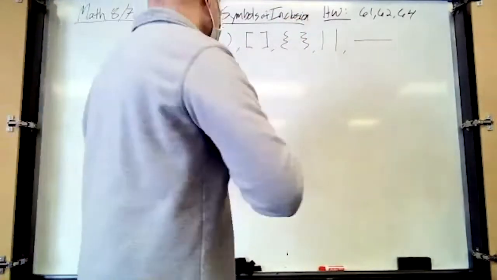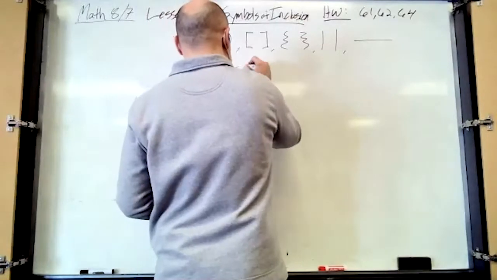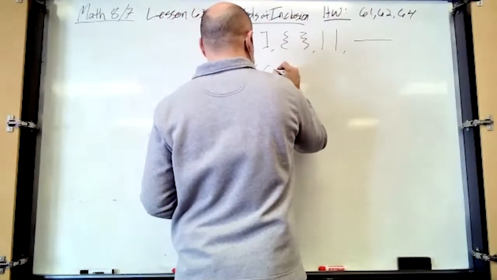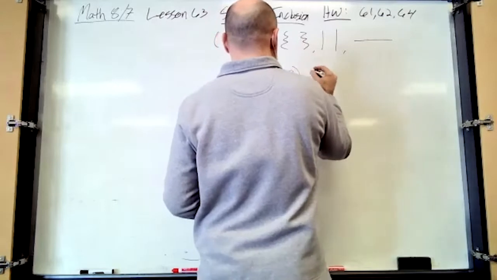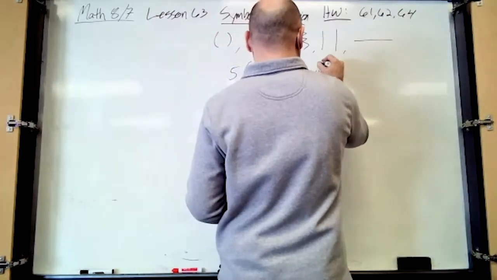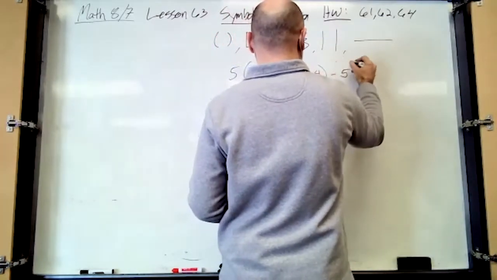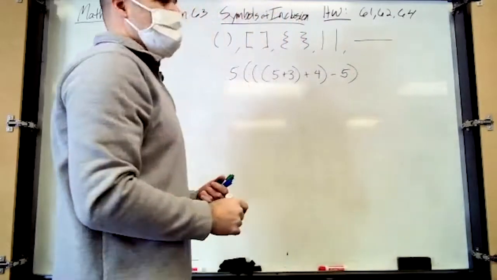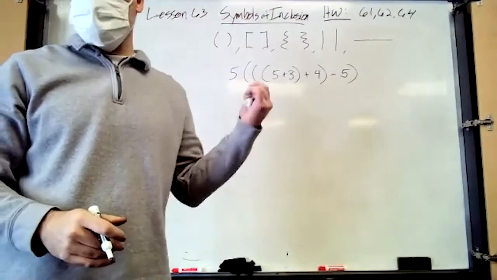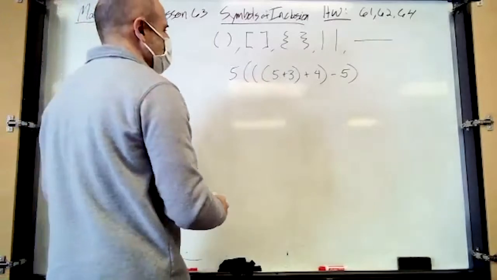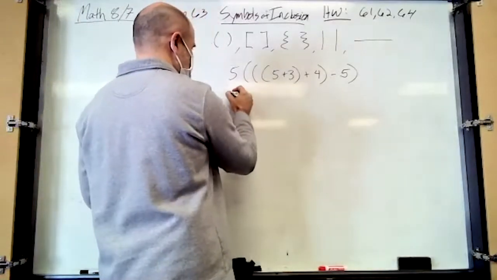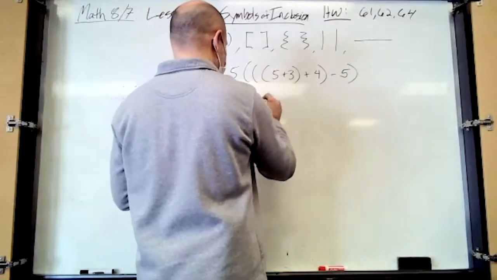All right, so if I wanted to do this, 5 times, that's confusing right there. Okay. So what we do as a better way is we use different kinds of symbols of inclusion.